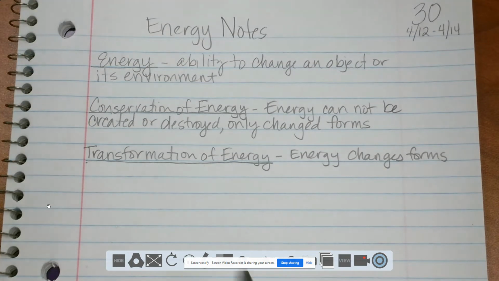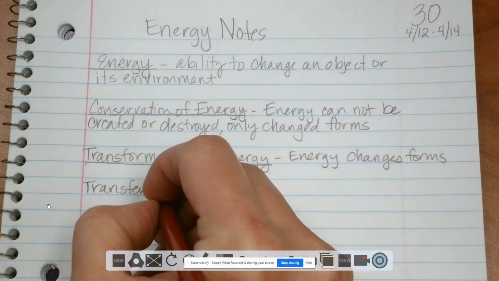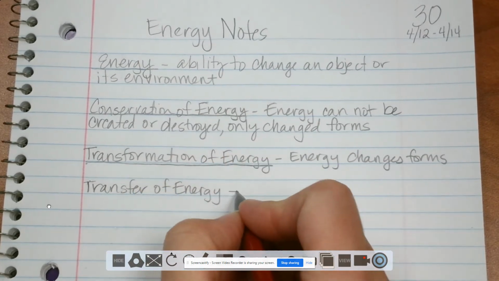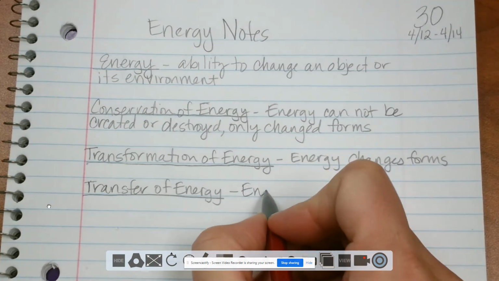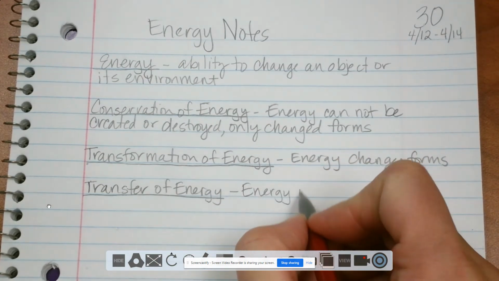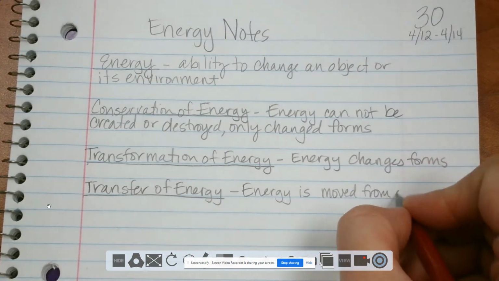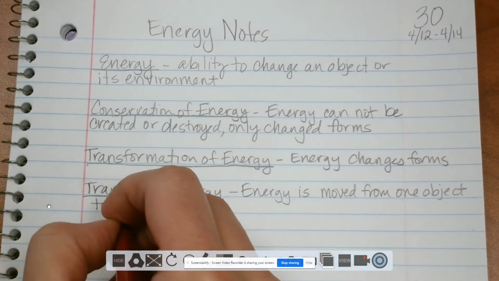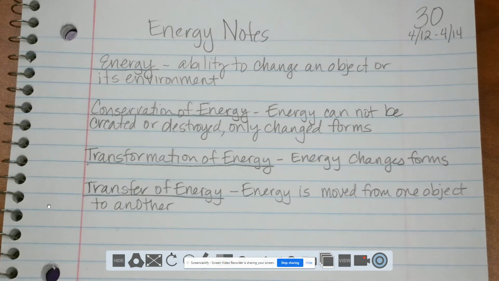Okay. We also have a transfer of energy. In this case, transfer of energy just means energy is moved from one object to another. It can also transform in that transfer as well.